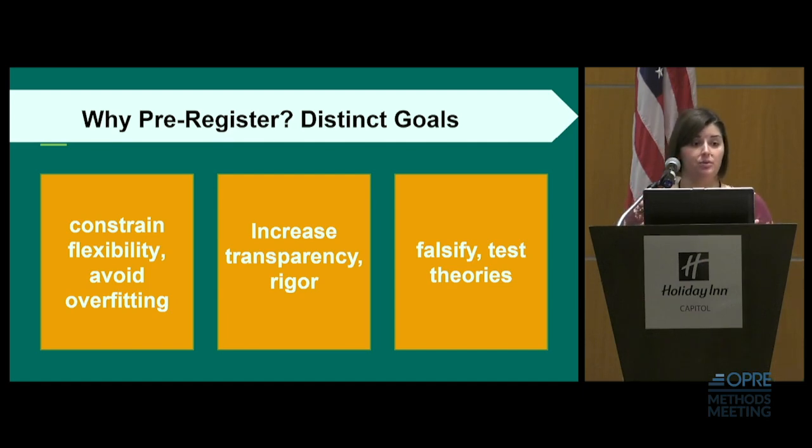It becomes impossible to falsify a particular conclusion because we can change the prediction, and we can change the way that we analyze the data in such a way that almost any result would support our hypothesis. Okay? So these goals would drive our practices. We're going to have different focuses on different features of pre-registration depending on which one of these goals you have.